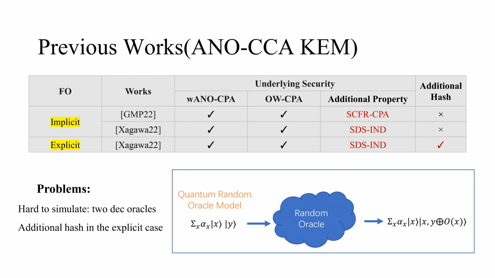Later, Xagawa proposed a stronger security named SPR. This security involves one paired case in its security notions and implies anonymity. He proved that this security can be established based on SDS-IND security.